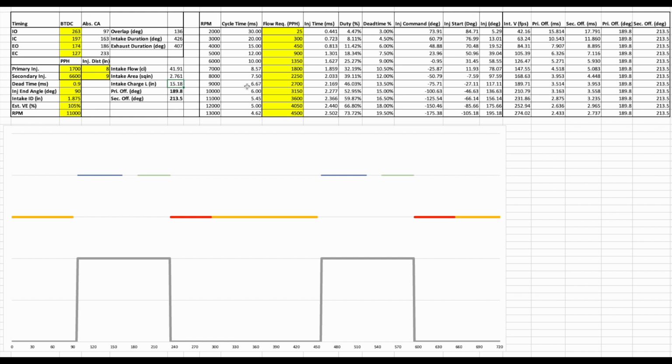We can use that to determine the airspeed, the velocity through the intake port, based on the RPM. So as you see, at idle it's about 42 feet per second, all the way up to 11,000, this line here, it's about 230 feet per second.